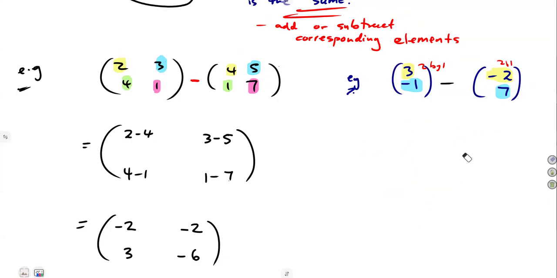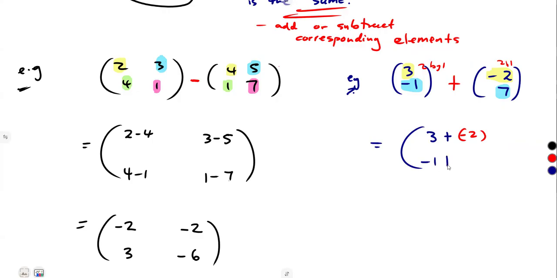So in the same manner, if this was a positive here, what we're going to do is simply add, just like before. 3 plus minus 2. So this is 3 plus, what are we adding? We are adding minus 2. So be very careful there. 3 plus minus 2, and minus 1 plus 7.